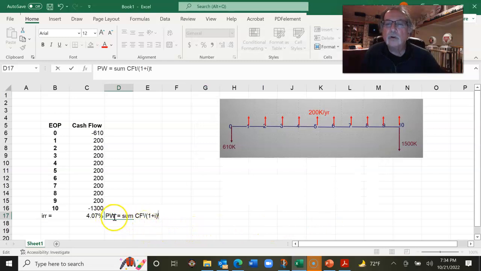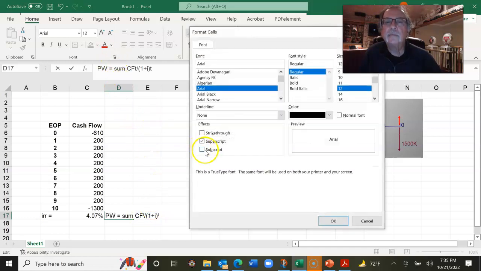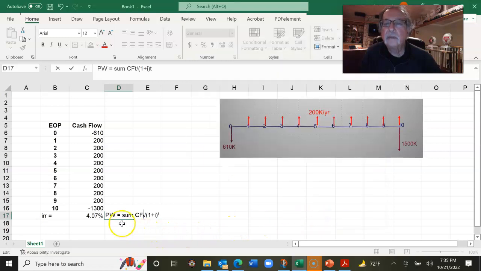And this sum should be a sigma, so it's all of the cash flows. That should be a subscript, I'm sorry, cash flow sub T. And this also equals 0. So this is the definition right here, and this is a solution. There's potentially another solution for I because there's two sign changes.